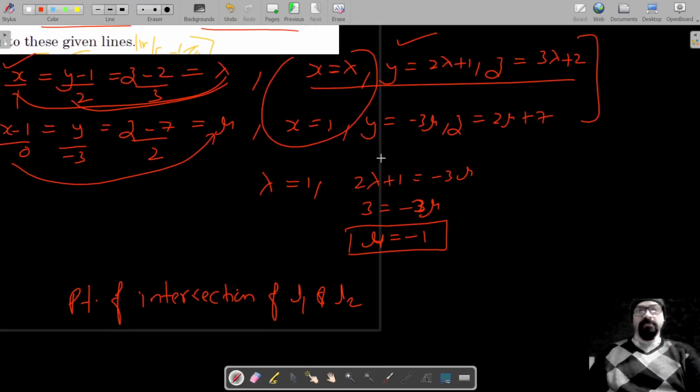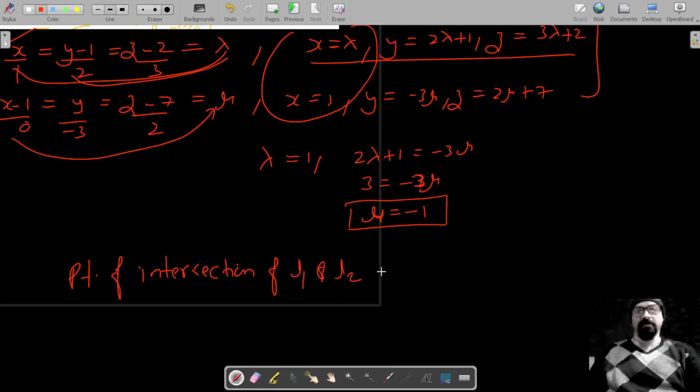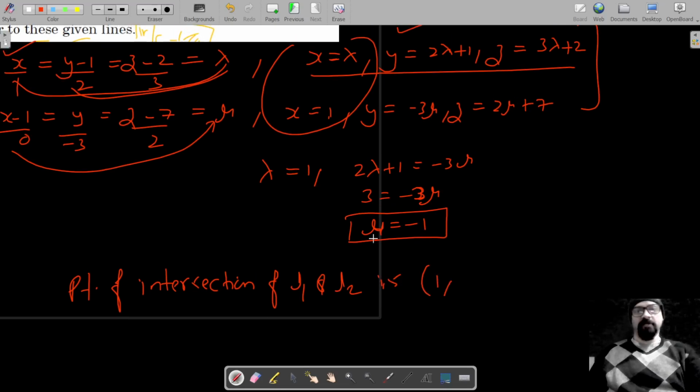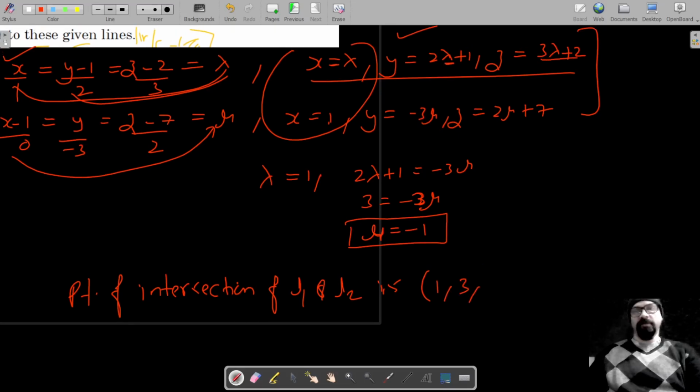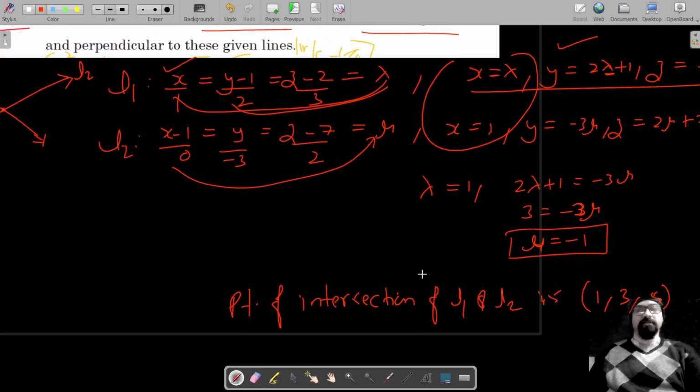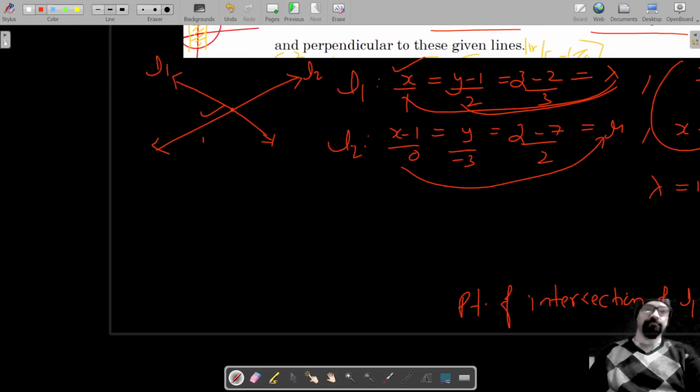Let's use lambda. The x coordinate is lambda, which is 1. If you put lambda 1 here, it gives me 3, and if I put lambda 1 here, it gives me 5. So the point of intersection is (1, 3, 5).